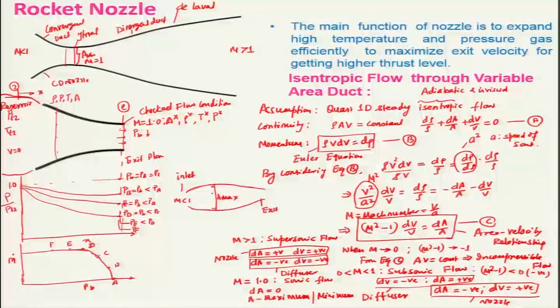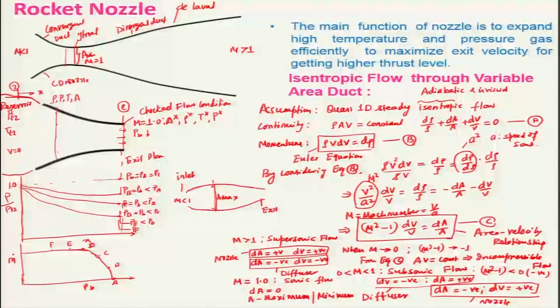Therefore the velocity will be reduced, that means M becomes more subsonic at the maximum area condition, and after that of course there is a convergent portion. So it may increase, but it may not really reach supersonic speed because it has not attained a minimum area.